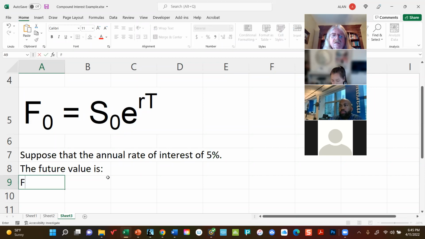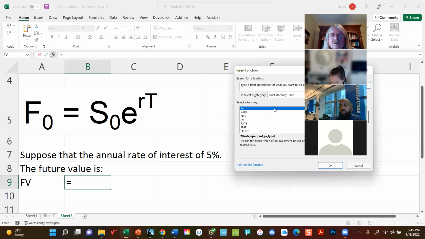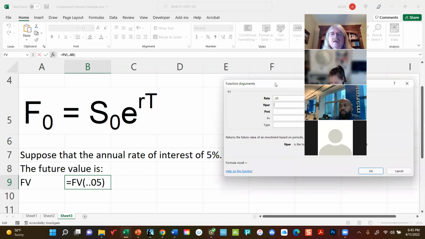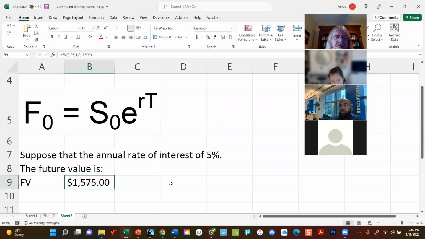Future value in Excel would be used with the FV formula, and you would tell it the rate is 5. The number of periods is 1. There's no payment. The present value is 1,500 for gold. The future value with annual compounding is 1,575.